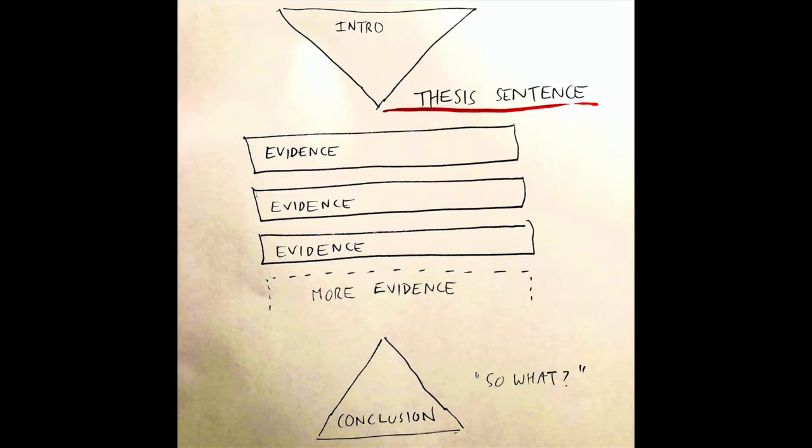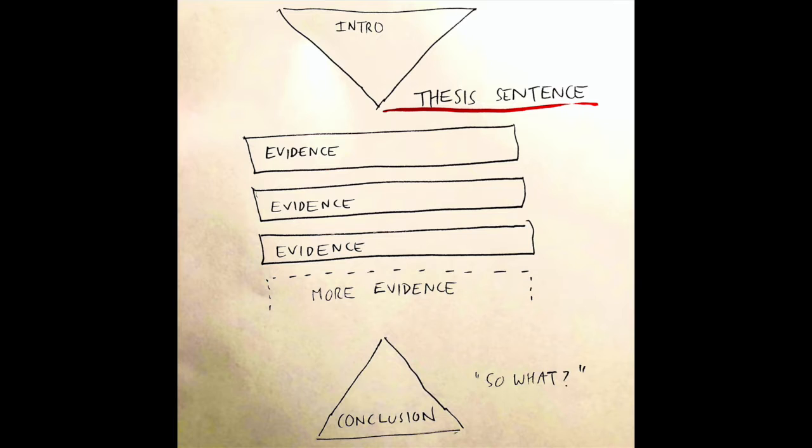The five paragraph essay would be the intro, the downward facing triangle here, usually 3 paragraphs of evidence, and then the conclusion, the upward facing triangle that finishes it. Now, as you'll see, you can have more than just 3 paragraphs of evidence.